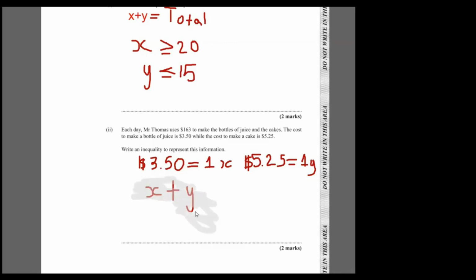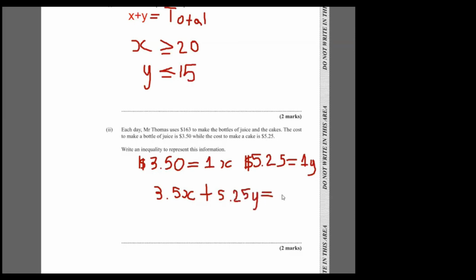All right, so this is for money now, money representation. So writing the money representation, $3.5. So my 3.5 times x plus my 5.25y, that is never going to be bigger than 163.